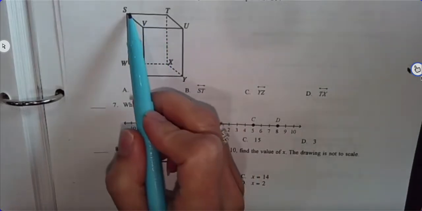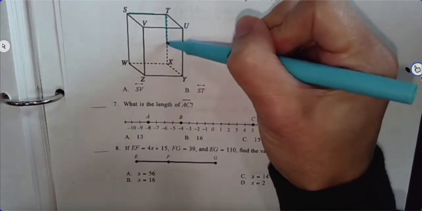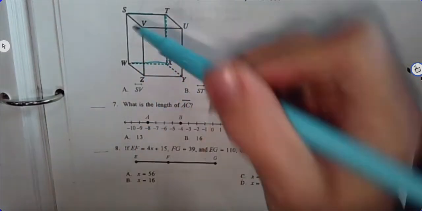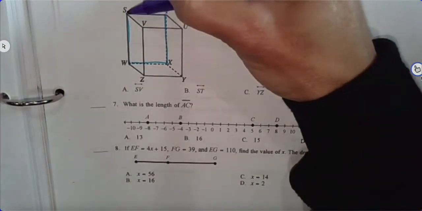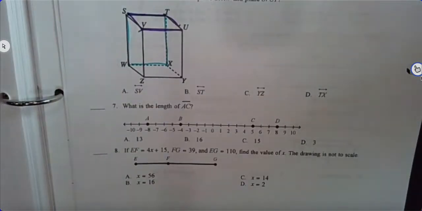STXW, that's this one right here. I would just draw it. STXW, that little rectangle. All right, and then it says SVUT. That is this one. So where do they intersect? ST. So your answer is B.